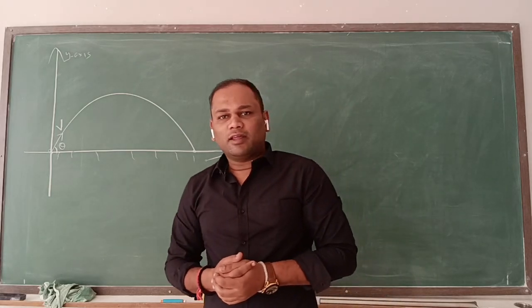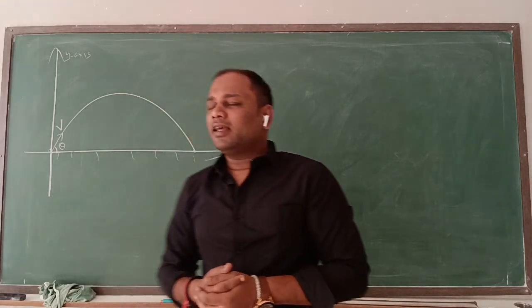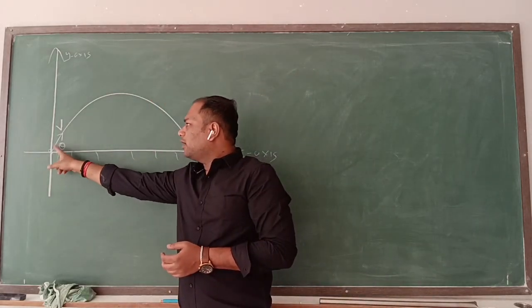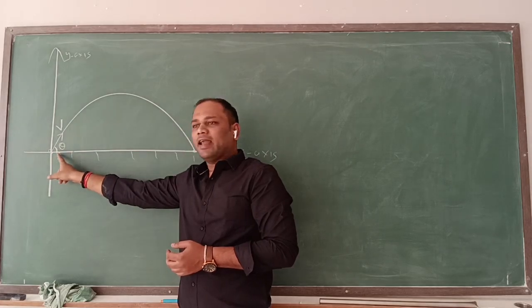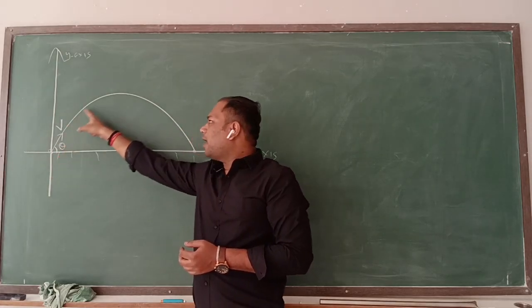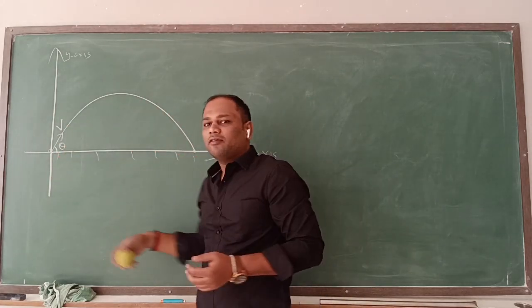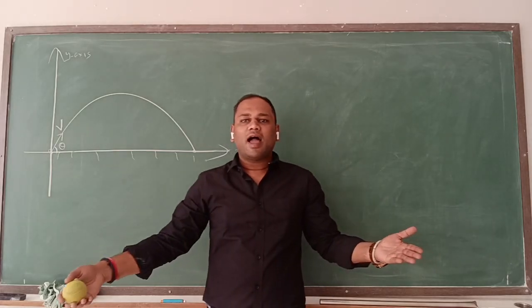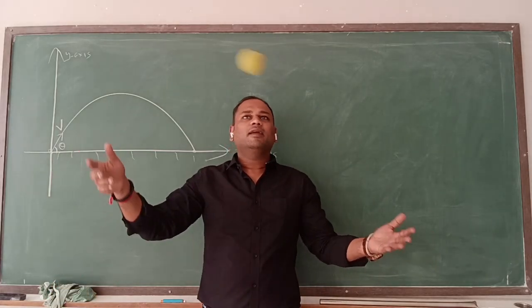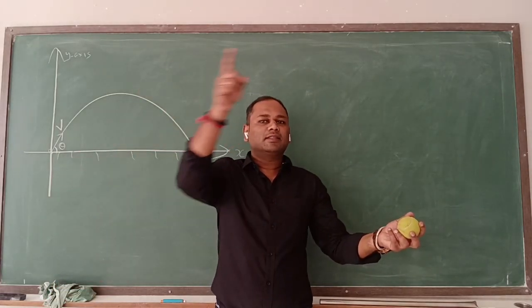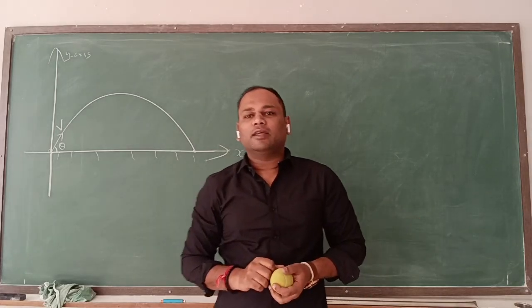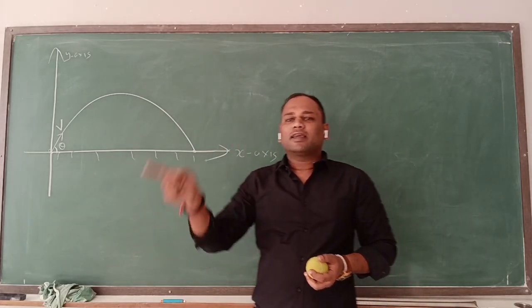Whenever we stand on the ground and we throw something at a certain speed with a certain angle with the ground, it will take a path like this. This is the level ground. I am throwing a ball at a certain speed. It will go like this. This is the path taken by the ball. Why the ball is taking this path?